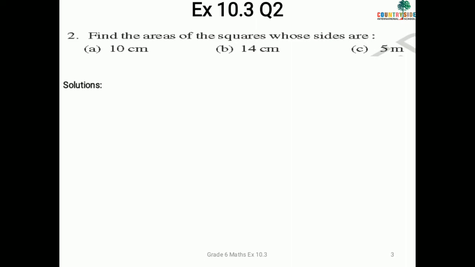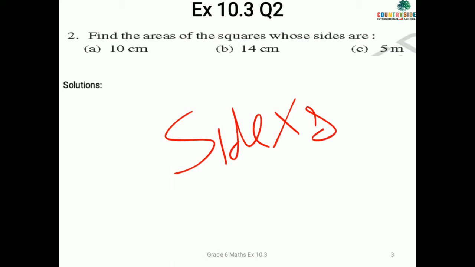Now let's start with question number 2. Again read the question very carefully. Find the area of the square. In the previous question it was a rectangle. Now here it is a square. So the area of a square is side into side, and one side is given to you, that is 10.